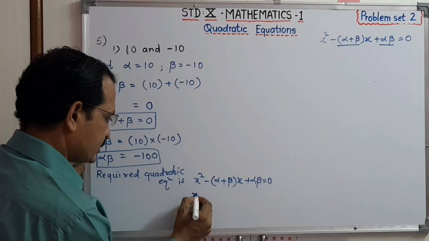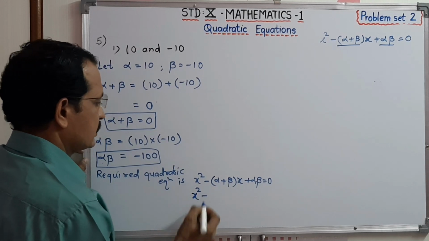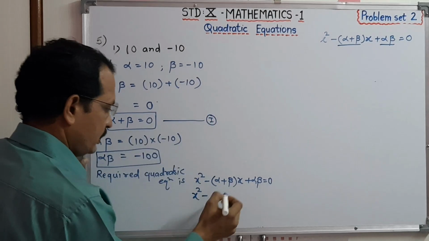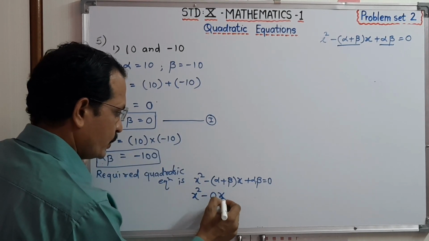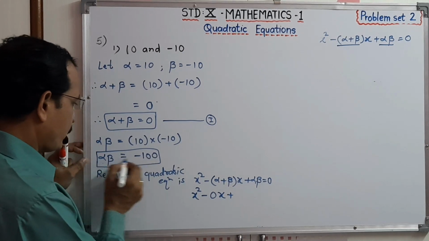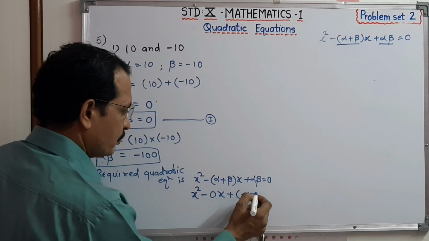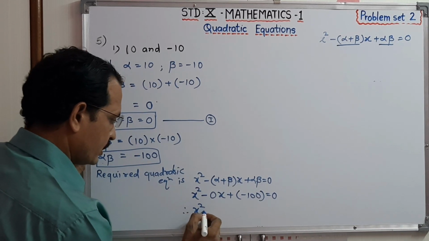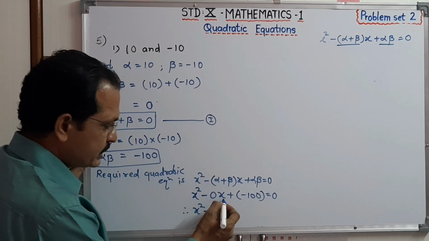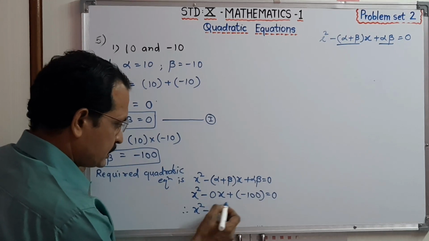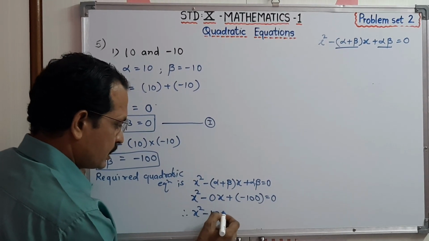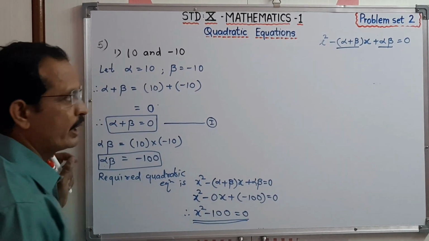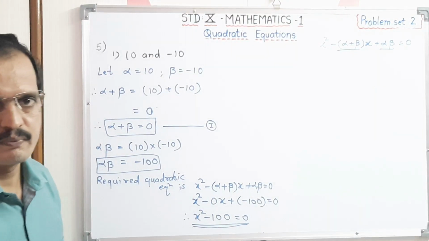Therefore, here x square minus alpha plus beta, it is 0, into x plus alpha into beta is equal to minus 100 equal to 0. Therefore, the equation is x square minus 0 into x, it is 0x. Therefore, it is plus this minus 100 is equal to 0. This is our required quadratic equation.